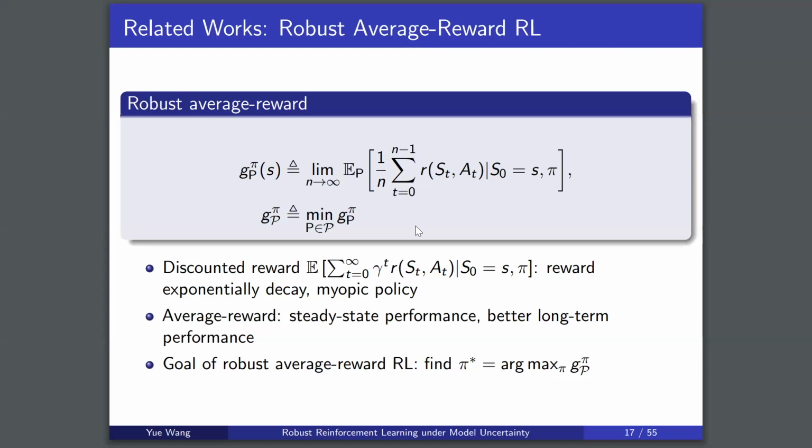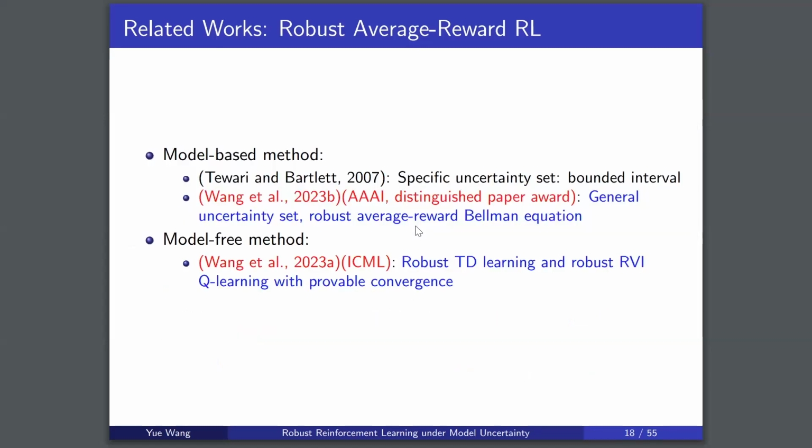The goal of the robust average reward is, of course, to find the optimal policy for the robust average reward. Although it is a very important question, there is very limited previous work on this topic. One previous work studied this problem under a specific uncertainty set called a bounded interval.